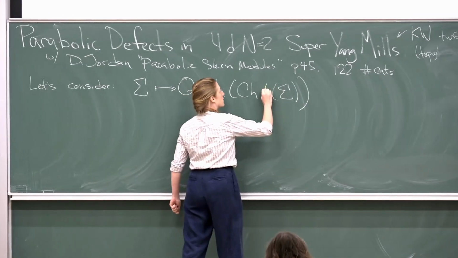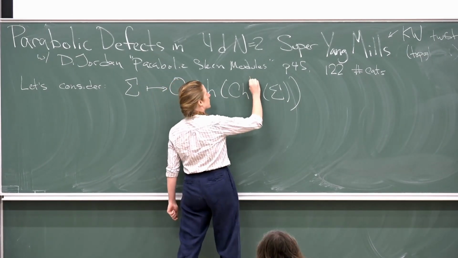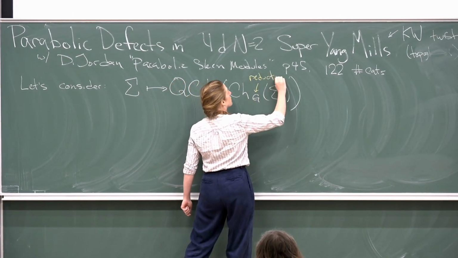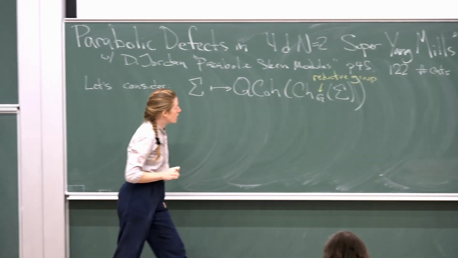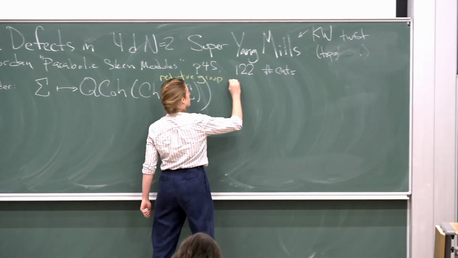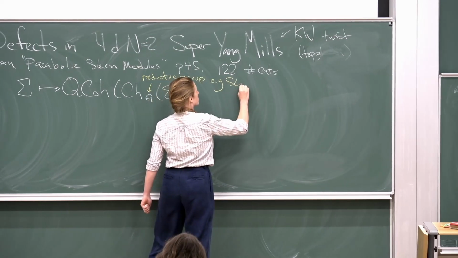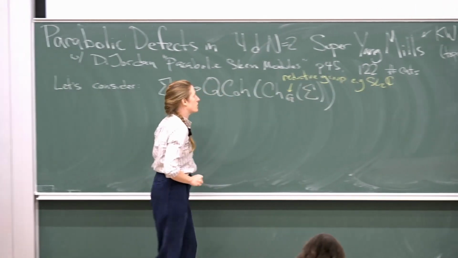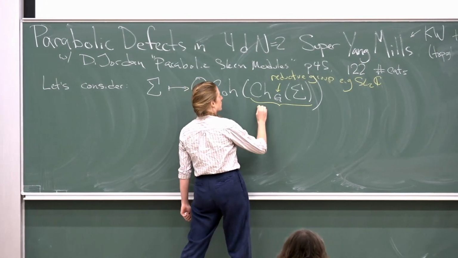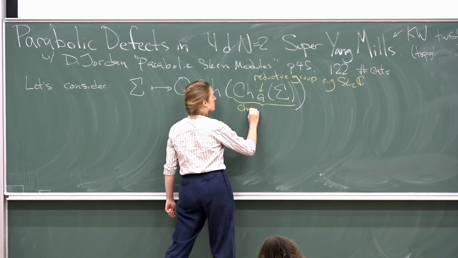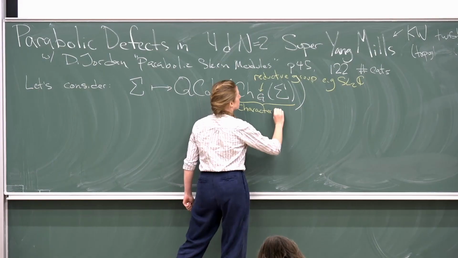G is, I believe, my gauge group. It's a reductive group. You can think SL2, which is where most of the progress has been made. This thing here, which we'll talk about some during this talk, is what's called the character variety.